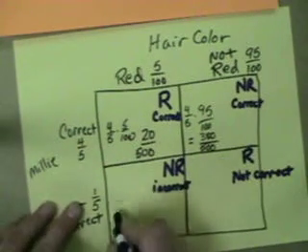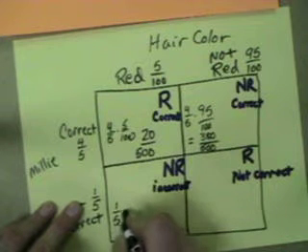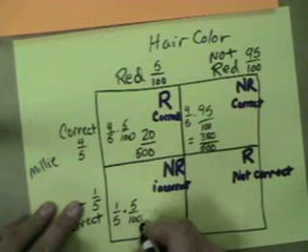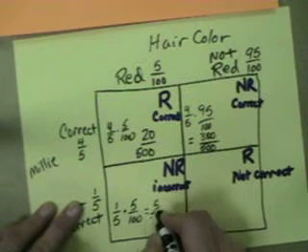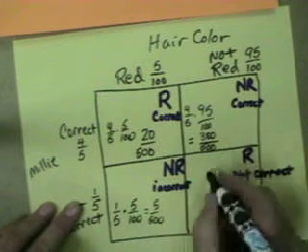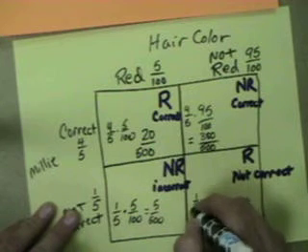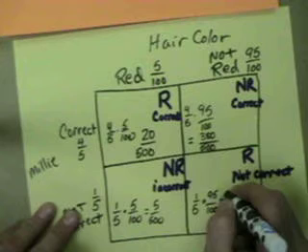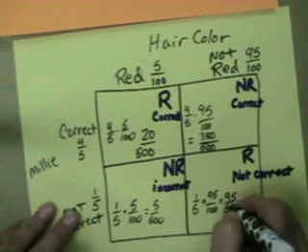This one is 1/5 times 5/100, or 5/500. And this one is 1/5 times 95/100, or 95/500.